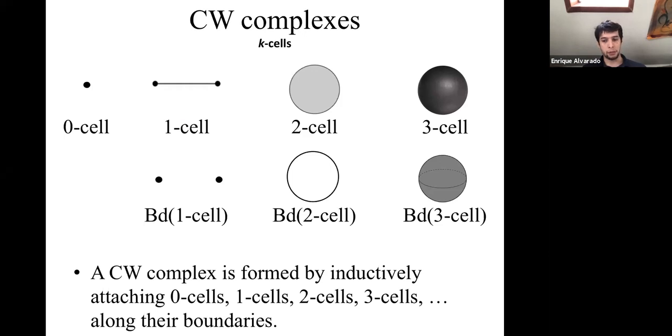The building blocks to these CW complexes, the way that you could describe a torus discretely, is by having different cells. The 0 cell you can think of as a vertex. The 1 cell you can think of as being an edge. A 2 cell is a disk, and a 3 cell is like a solid ball. You can have 4 cells, 5 cells, and so on.